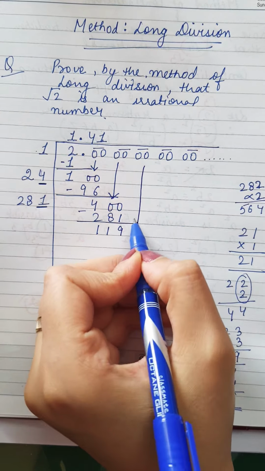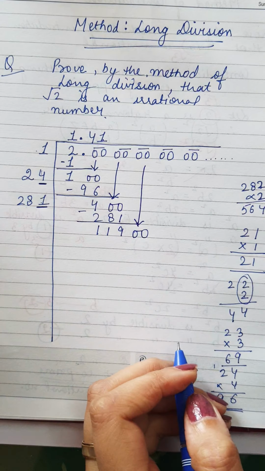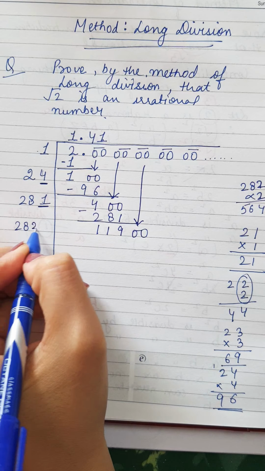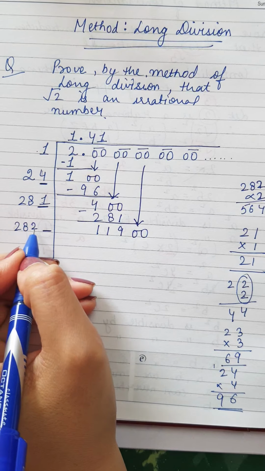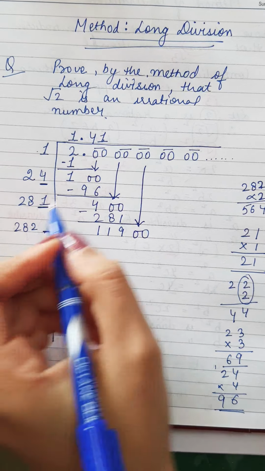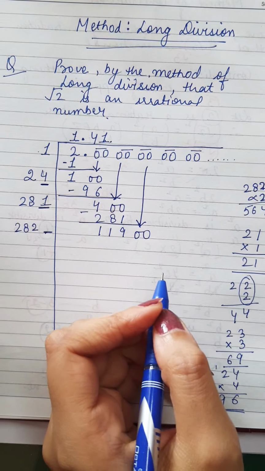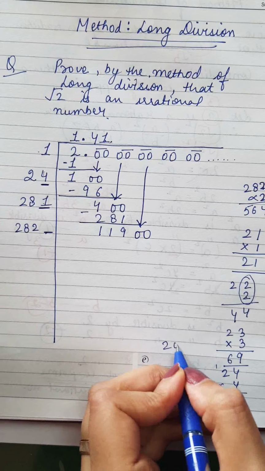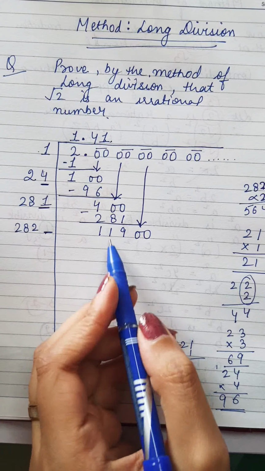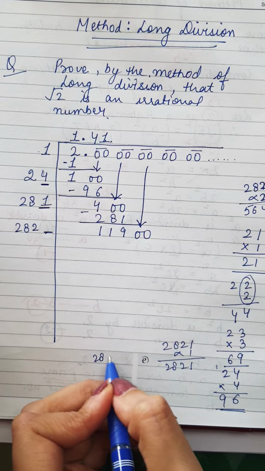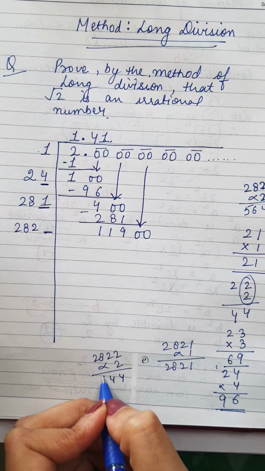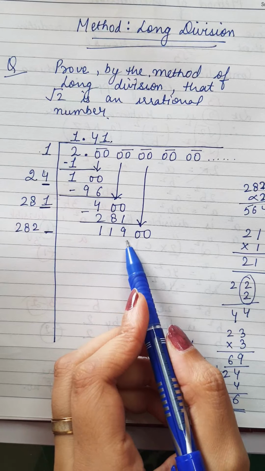Now according to the rule again, 1 pair we will carry down. Now here double of 1 is 2, so 282, and again the last place will be either 2821 or 2822, whatever number we are writing here, the same number we are writing here. So let's try. 2821 into 1 will be the same, 2821, much less than that. 2822 into 2, 4, 4 and 5644.